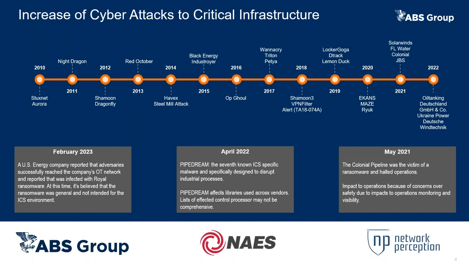If anyone is thinking, I don't have the PLCs that were listed, realistically the CODESYS library is used by a lot of manufacturers, so we have to look at that as a serious threat across the supply chain base. And then this year, in February, we have reports of malware, granted not ICS-specific malware, but still malware making it to the ICS environment of a US-based energy company. So this is a pretty alarming trend over the last 3 years. Michiko and Joe, what have you all been seeing in this space?